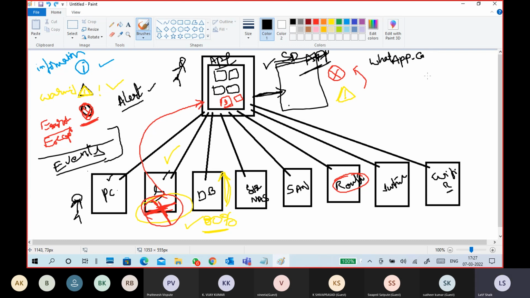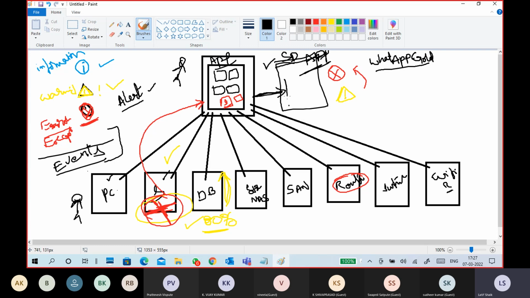Not only this application, there are several applications. Generally, when any issue occurs, the central monitoring people or the automated alerting system immediately send that information to service desk people. There are different levels of service desk people, and they will check what happened to your server.